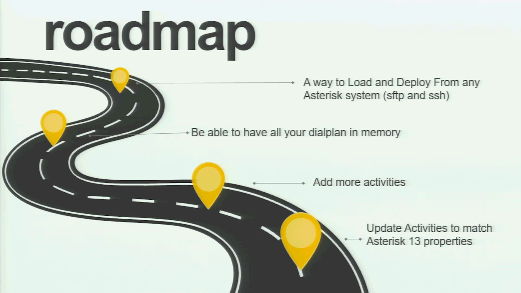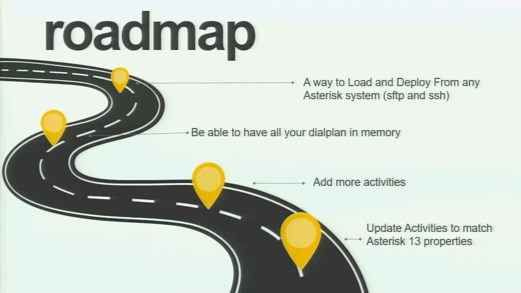Then add more activities. There are a lot more activities that can be added for this. That could be news for us, new on Asterisk 13, that I think we have many new applications and functions that are not there yet, so we can make them.